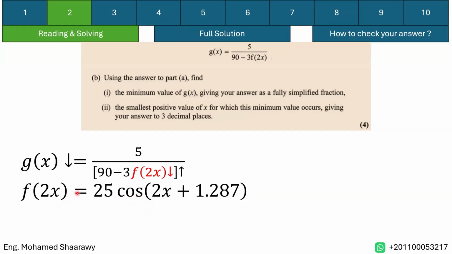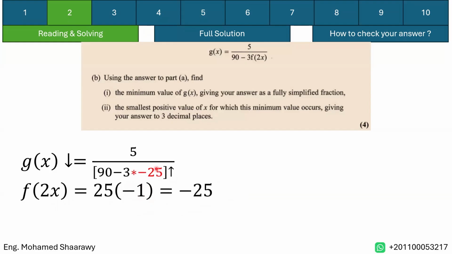So in order to make f of 2x as minimum as possible, let's replace this cosine with -1. So f of 2x will be -25. Let me replace this here. And now the minimum value of g of x is 5 over 90 plus 75, which is 1/33.